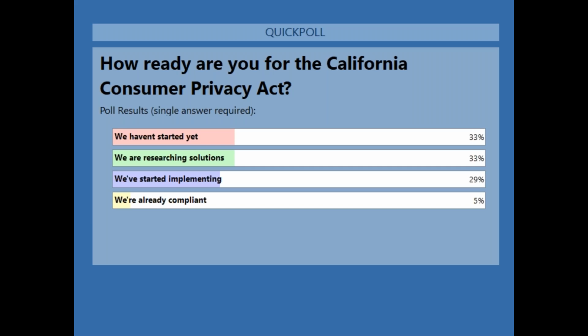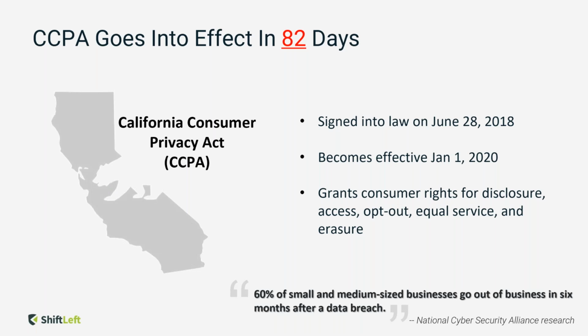So of the group, 94%, 95% are not compliant yet, and 66% haven't started implementing anything. That is pretty consistent with what we have seen among our customers as well. The fact that this law has been known for over a year now, and with 80 odd days to go, yeah, it's time to act.